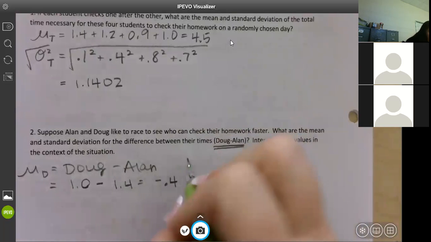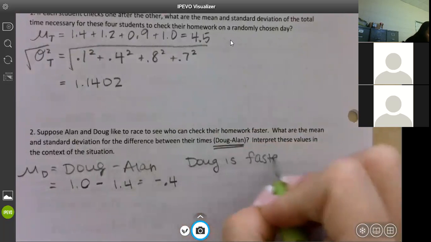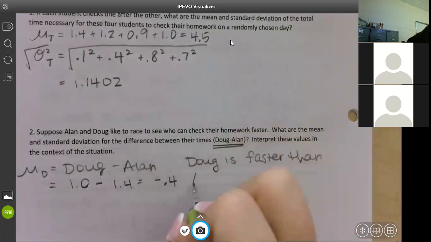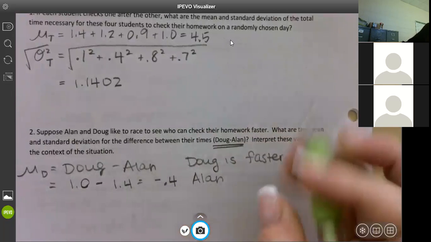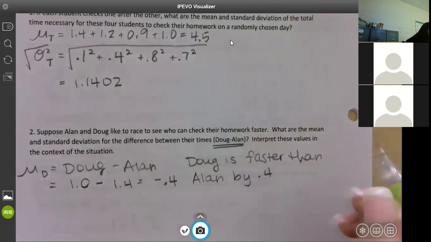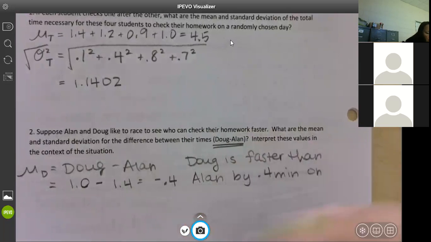He's faster. Doug is faster than Alan by 0.4 minutes on average.